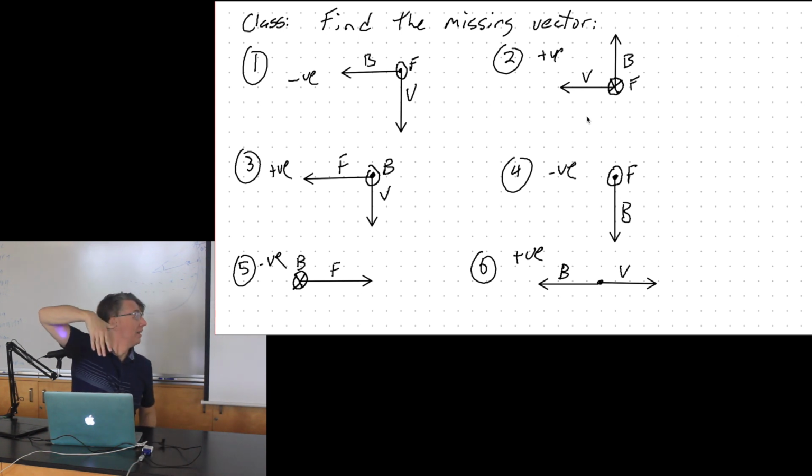Contortion. Okay, so thumb, negative. So the knuckles are out of the page, and then the fingers are down. Yes? So the force, the velocity is that way. Like to your right, yes? To your right?